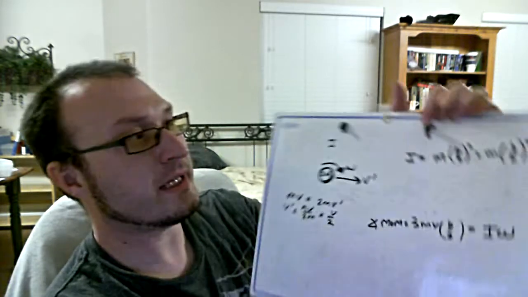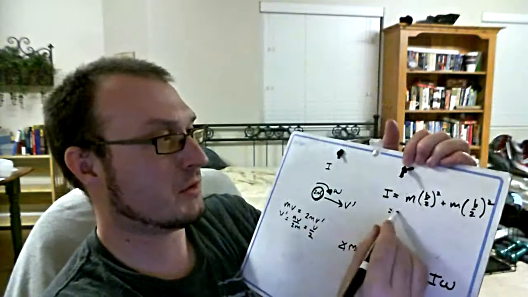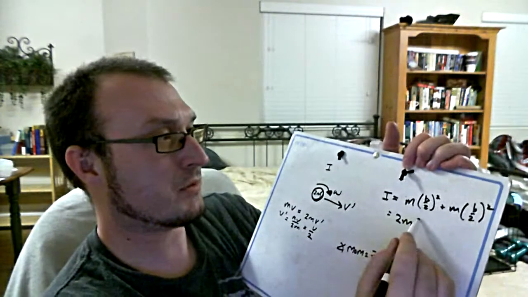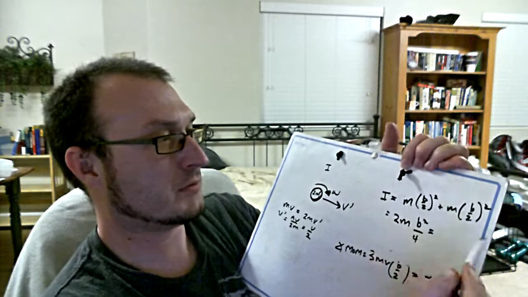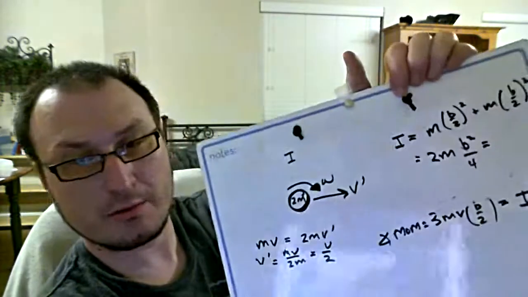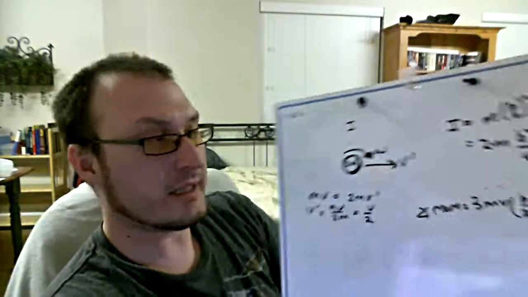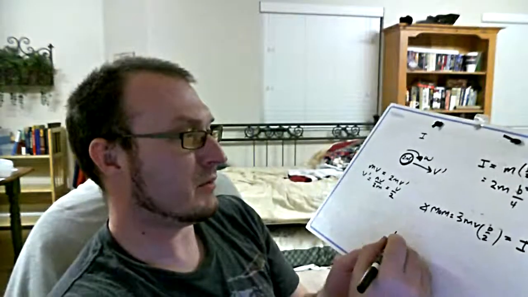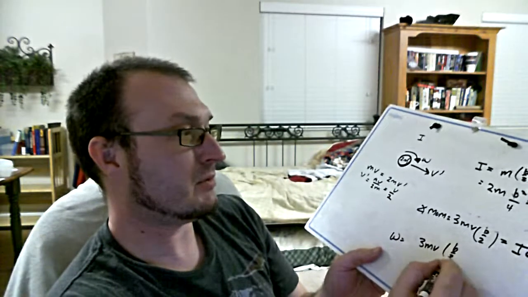I equals 2 m b squared over 4. So we would simplify this to get omega, and omega equals 3mv b over 2 divided by I.